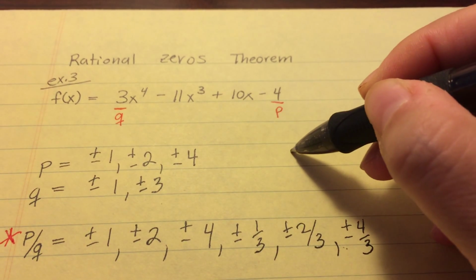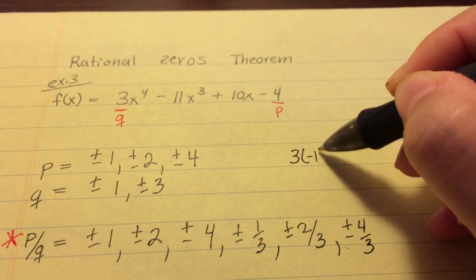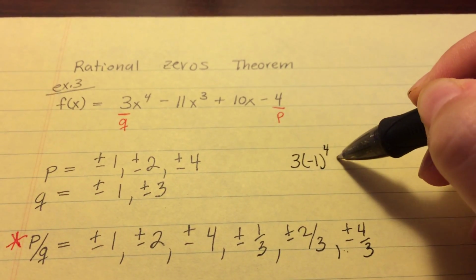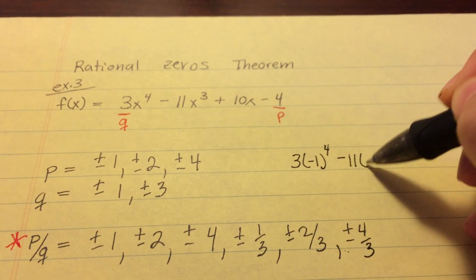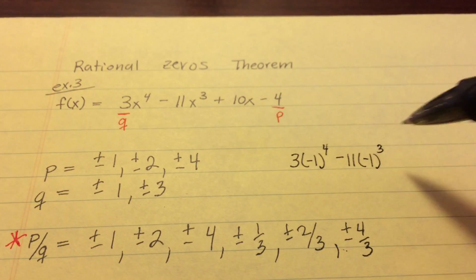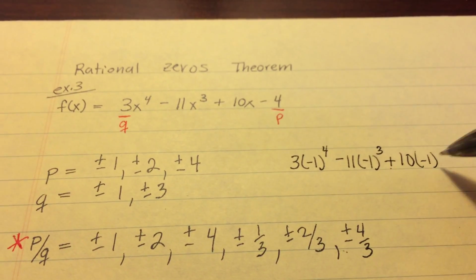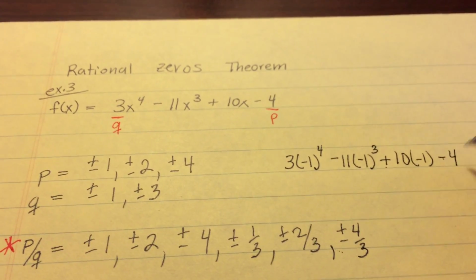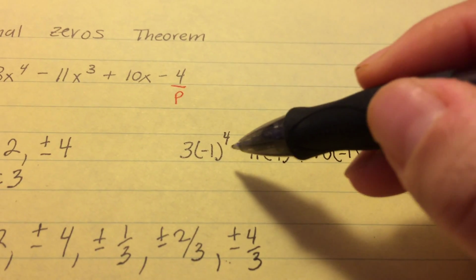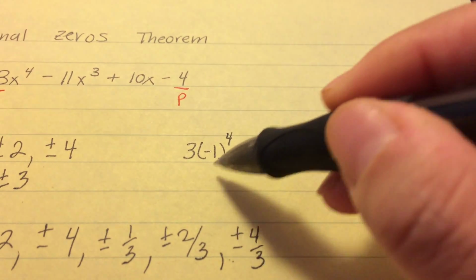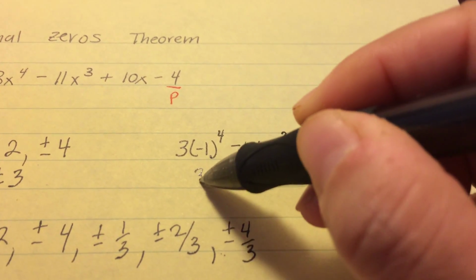So to show work, I'm going to do it up here. So it's -1 to the 4th power, then I have -11 times -1 to the 3rd power, plus 10 times -1, and then -4. Okay, so from here, this becomes positive, right? So that's +1 times 3 is 3.